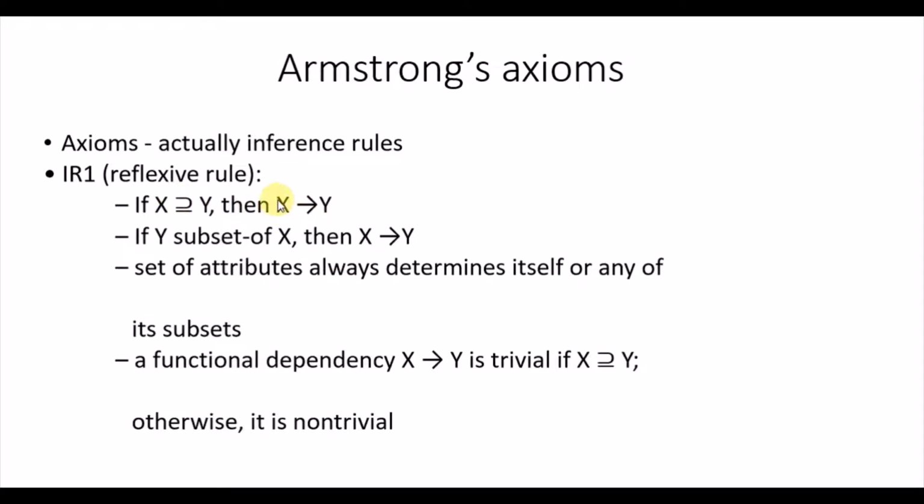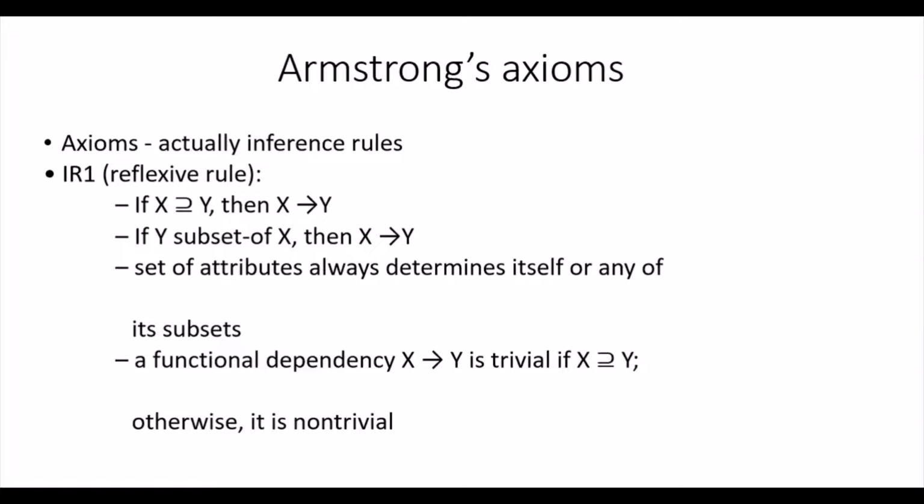By default, a set of attributes always determines itself or any of its subsets. That's why we say a functional dependency X to Y is trivial if X is a superset of Y, or Y is a subset of X. Otherwise the functional dependency is non-trivial.